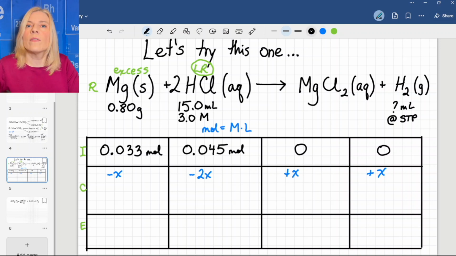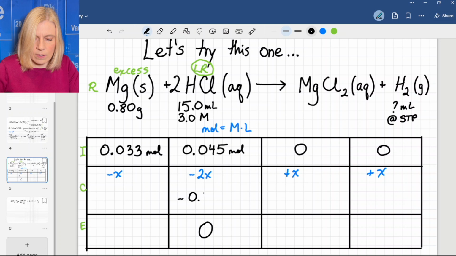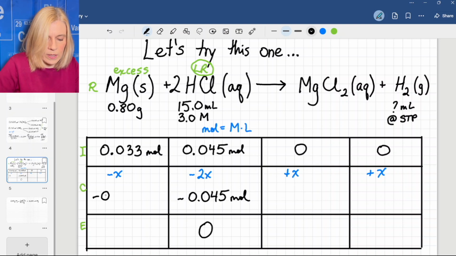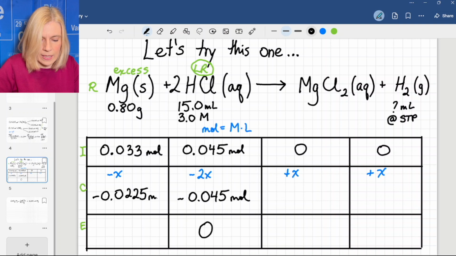The limiting reactant, by definition, is going to be all used up. So I'm going to end up with 0. So this will be minus 0.045 moles. Okay, so 0.045 minus 2x equals 0. That means my x is 0.0225 moles. That's my x.